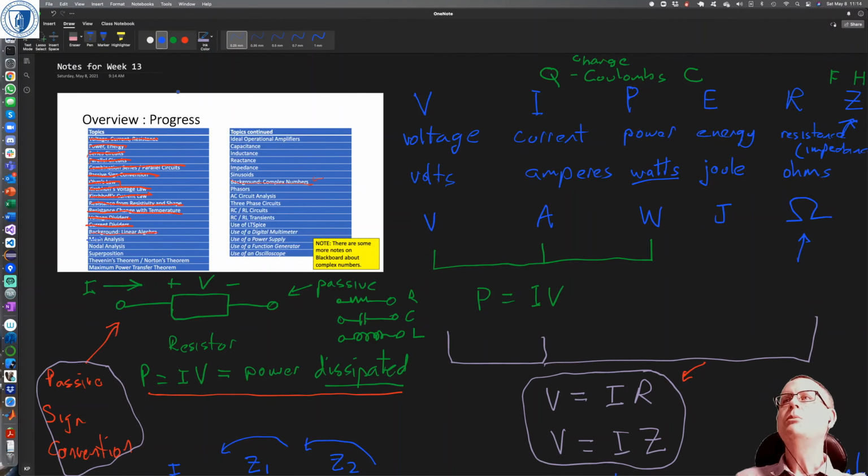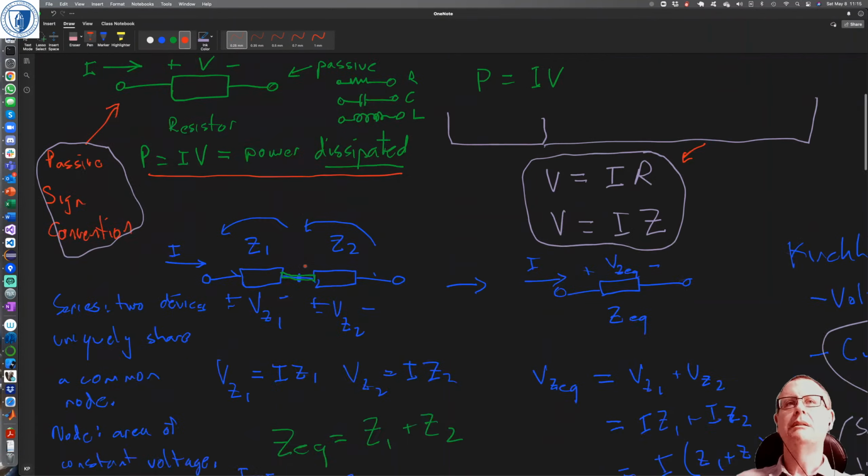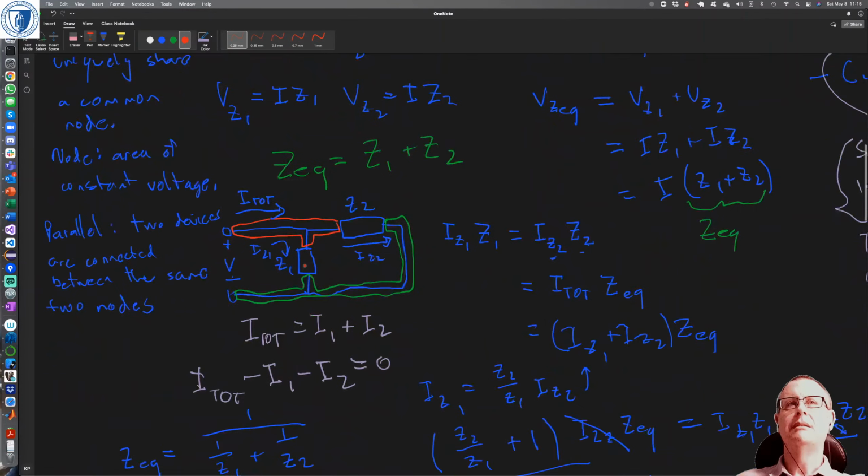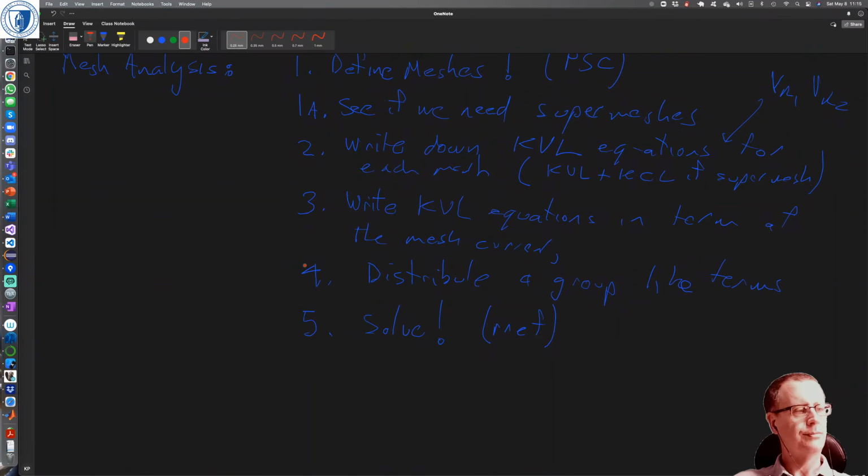So nodal, oops, we want red. I thought I'd selected red. Nodal analysis. Remember, a node is an area of constant voltage.